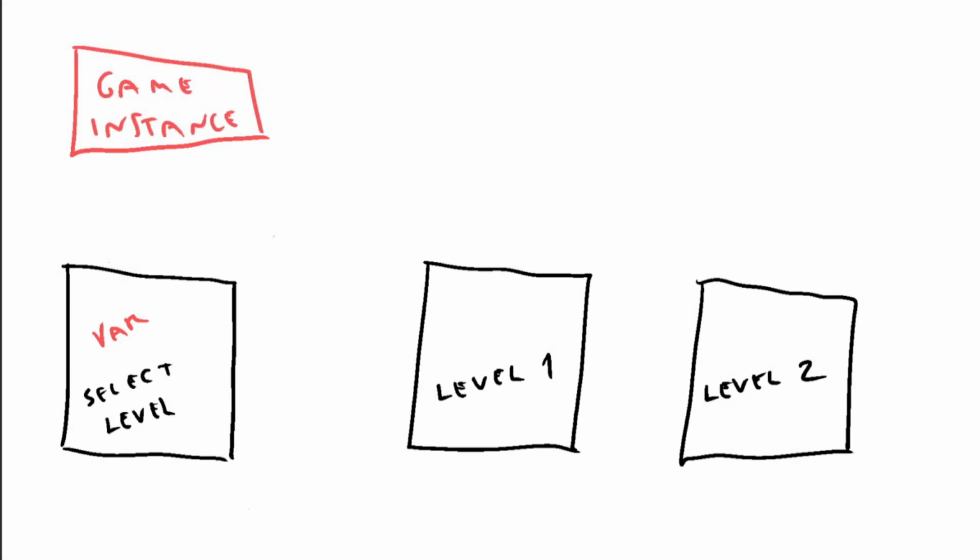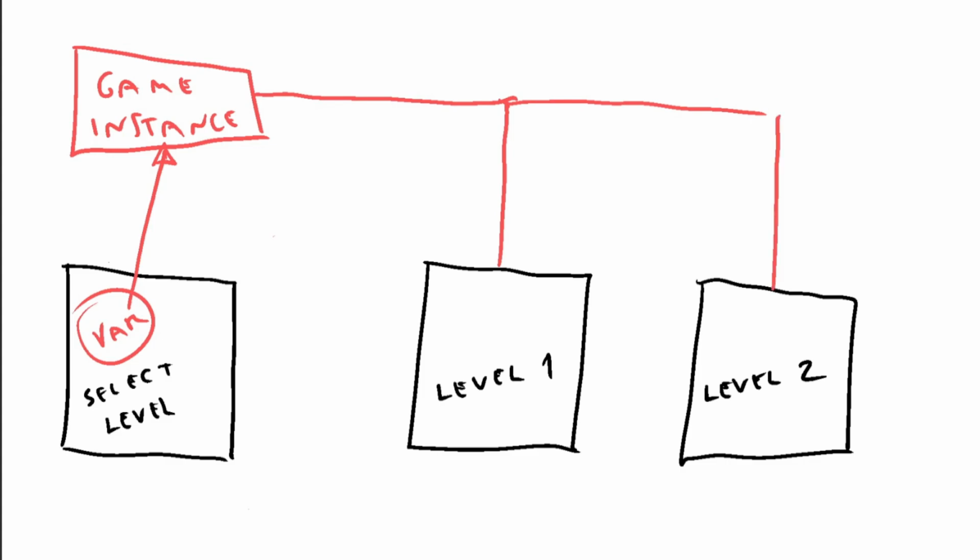Well, when we save these variables in the game instance, this game instance is the same for each level. That means if you don't close your game, or reset your game or PC, this game instance will be accessible by every level.